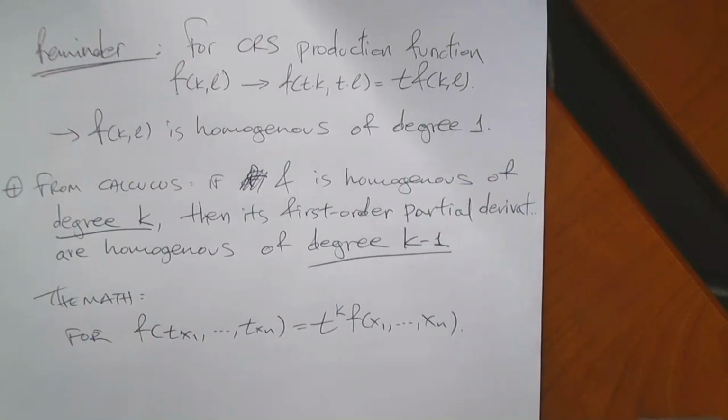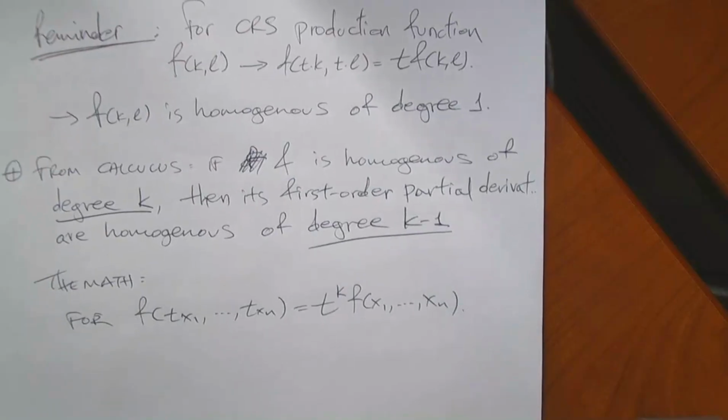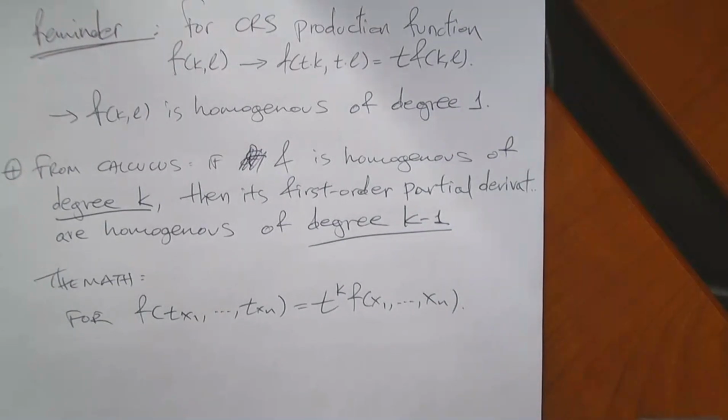Then if we take the first order partial derivatives on both sides, we should arrive at something that says that the partial derivative of this function with respect to an input is homogeneous of degree k minus 1. That's simply what we're trying to find.